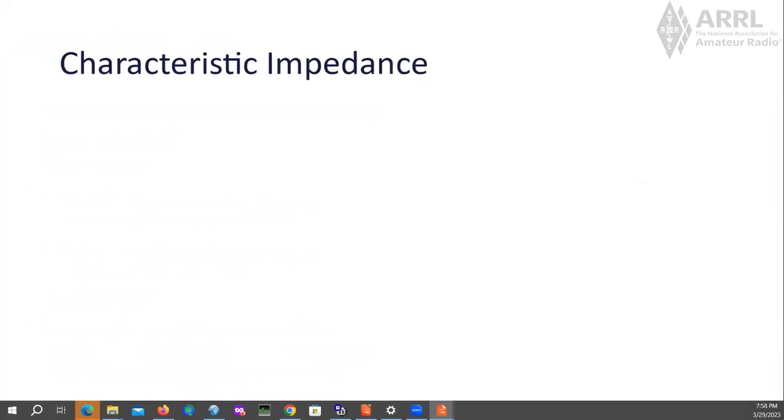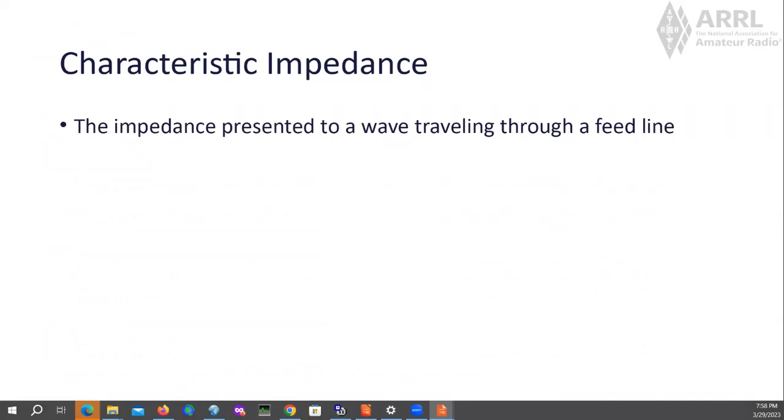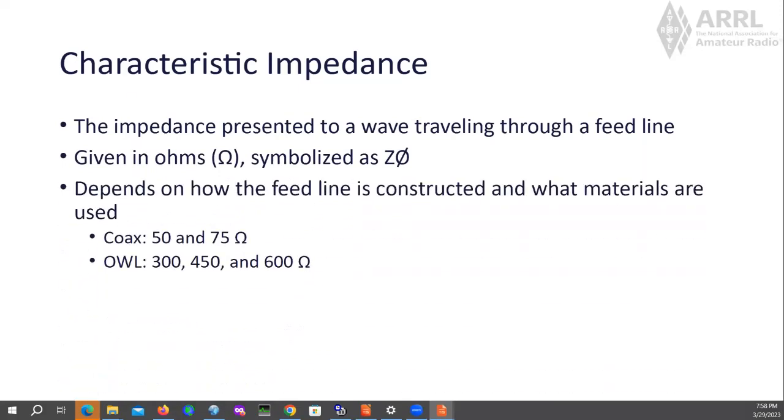Characteristic impedance. The impedance presented to a wave traveling through a feed line, given in ohms, symbolized as Z0. Depending on how the feed line is constructed and what materials are used, coax 50 and 75 ohm are the most common, but they have a lot of other impedances out there.